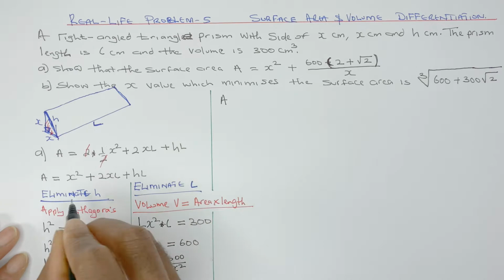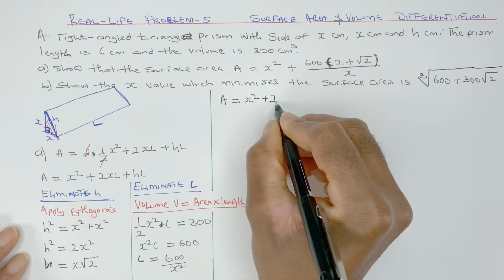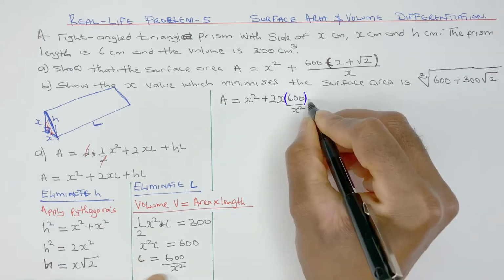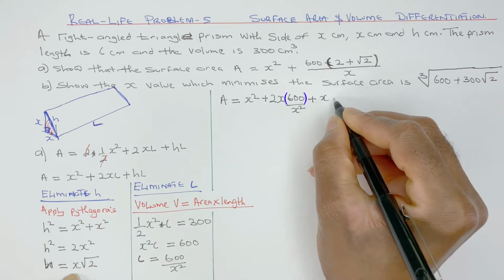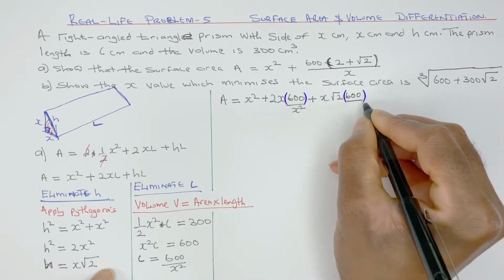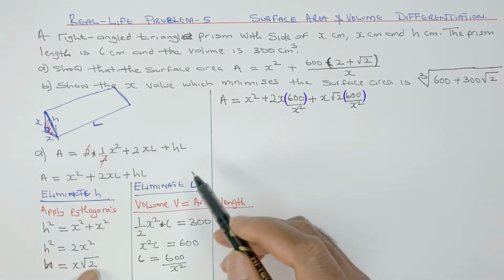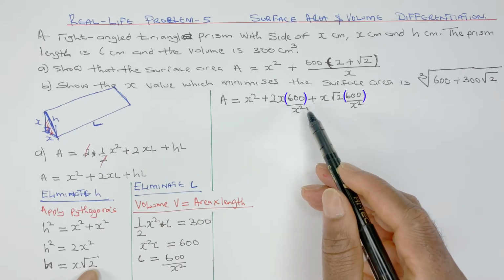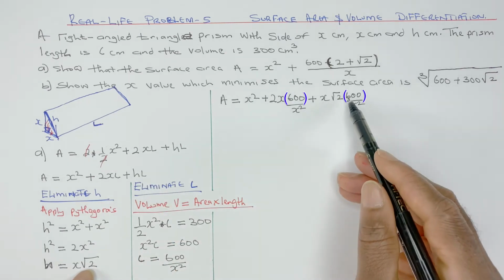A, the surface area, will be equal to x squared plus 2x times L, which is 600 over x squared, plus H times L, where H is x root 2 and L is 600 over x squared.